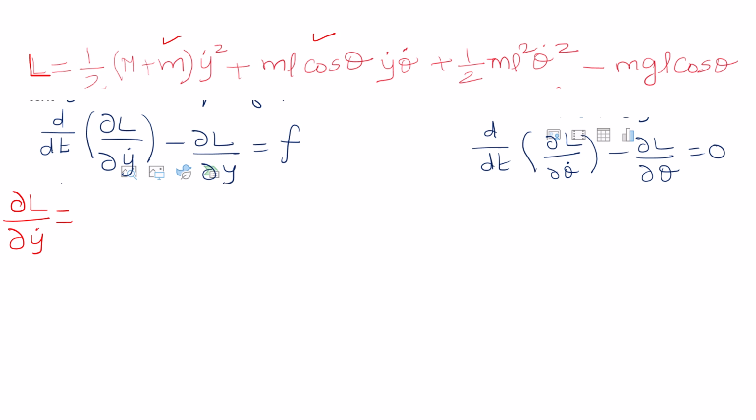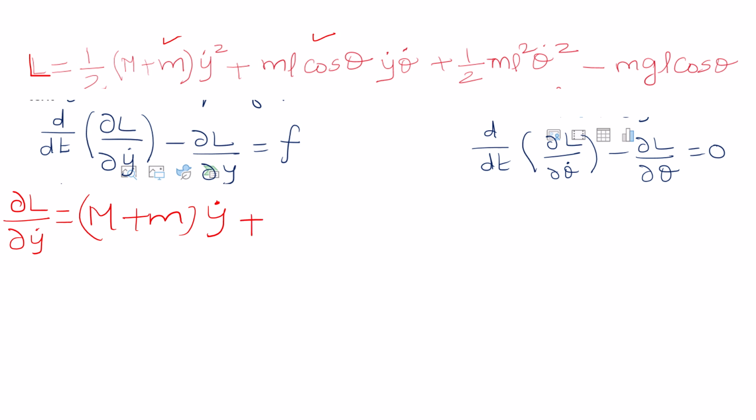Let us first differentiate the first term with respect to y dot. So we have half of (M plus m), which is a constant, and differentiating y dot squared you will get 2 y dot. So this 2 and the half get cancelled and you will be getting (M plus m) into y dot, right?